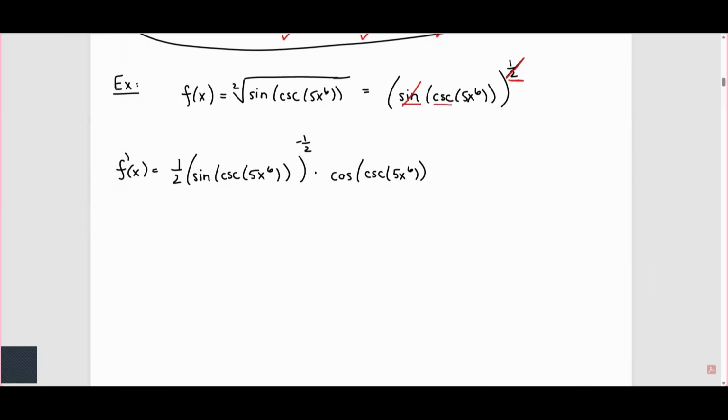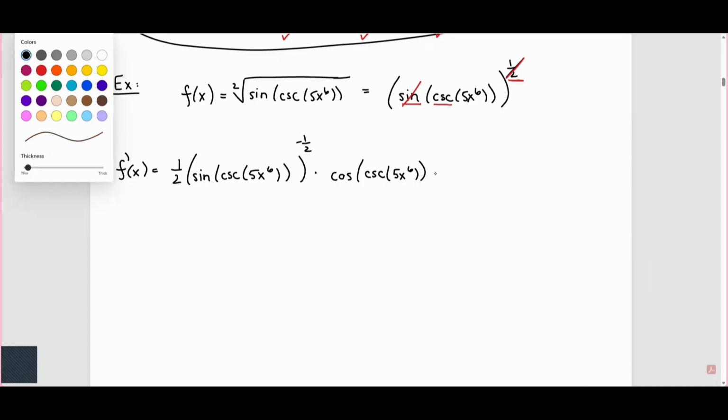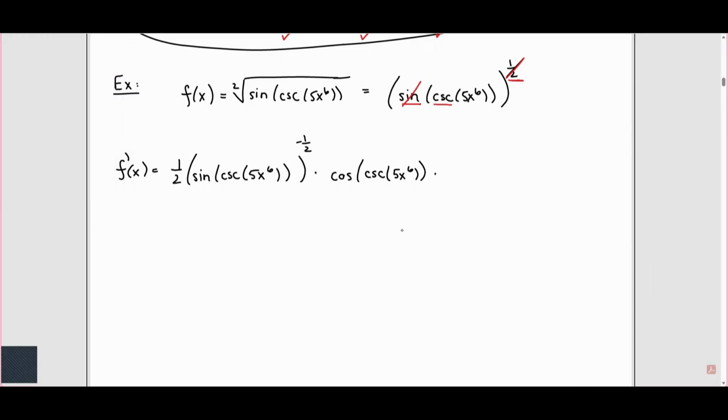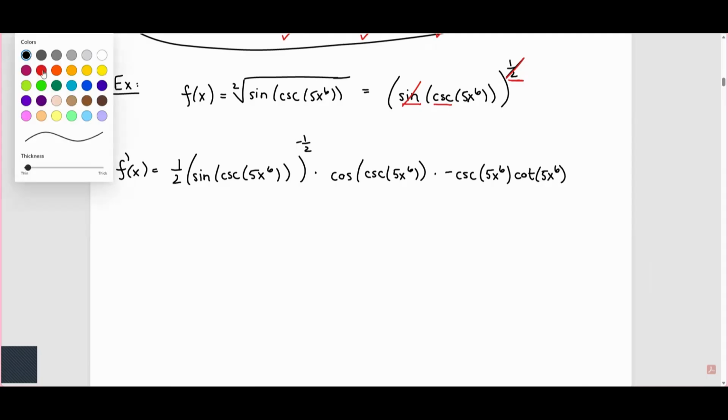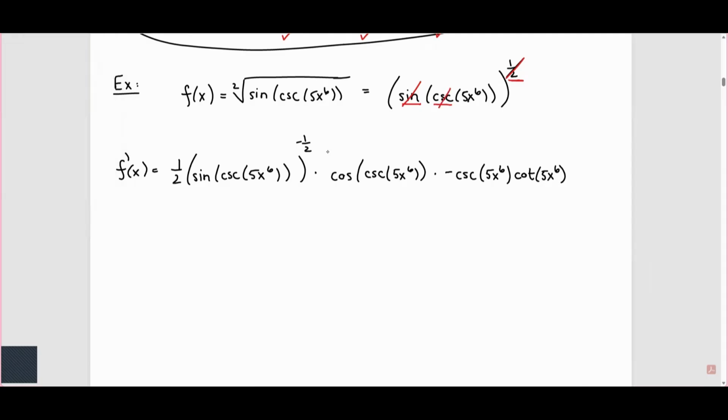I'm going to move inward to cosecant. The derivative of cosecant is a negative cosecant cotangent. So I have a negative cosecant. Make sure to keep the 5x to the 6 nested inside. Okay, and now I've peeled back that layer of the derivative, and I'm on to my last piece, which is 5x to the 6th.